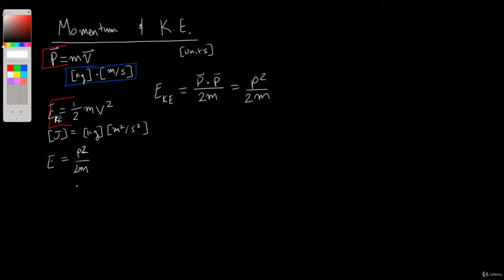This is once again our kinetic energy, and it's a critical component. It actually comes up, as you will see, in Schrodinger's equation, which we'll be looking at later in the course. We will come back to this relationship.